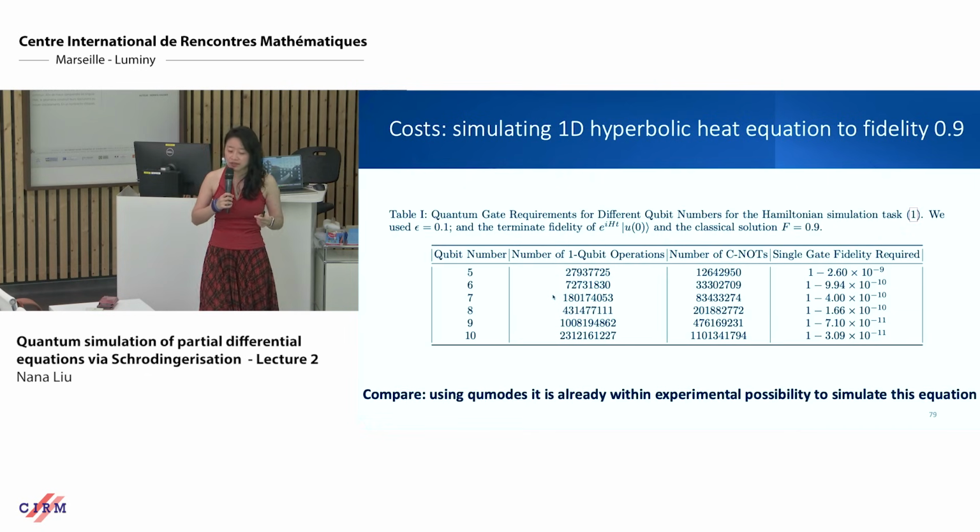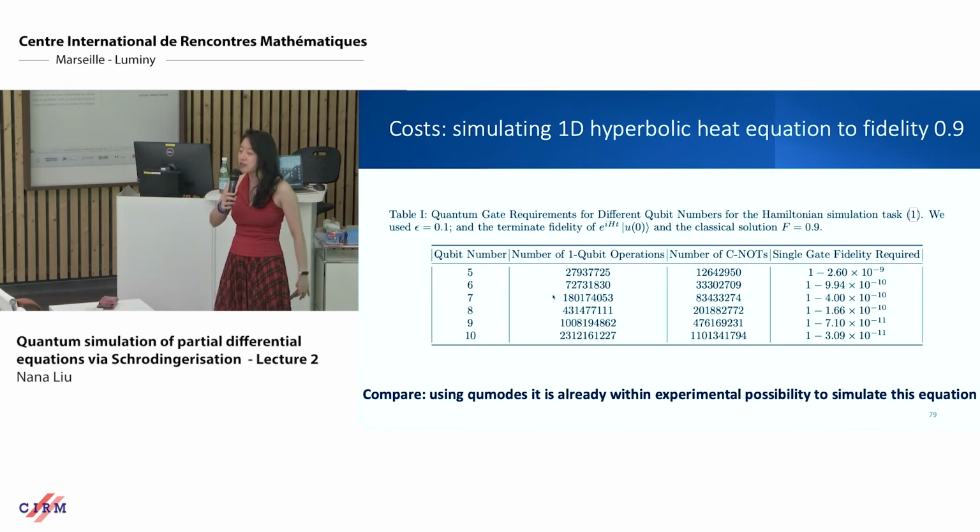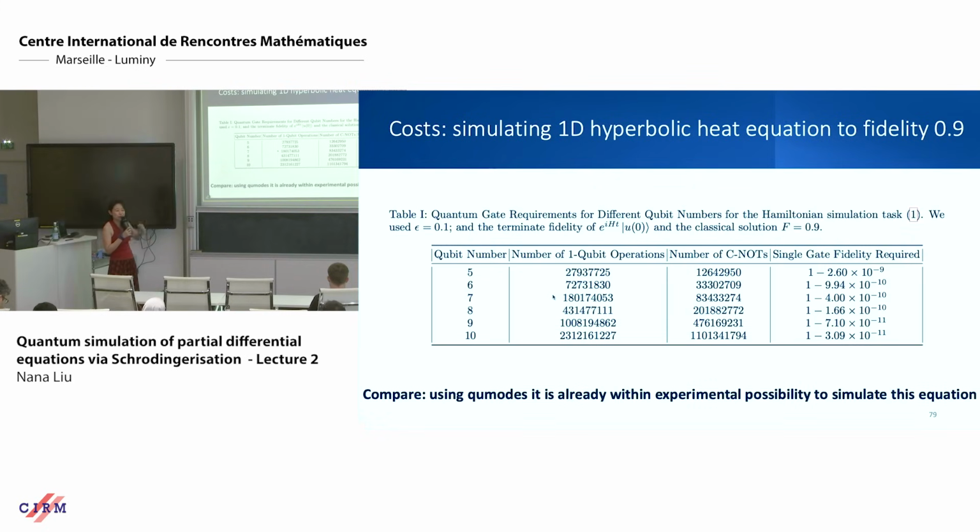When people make these devices, say on 2D chips, depending on how they make them, sometimes geometrically it's just not possible to connect a system here with a system there. So it's difficult to do a CNOT between this system and that system, and then you have to do more operations. Here, we don't make any assumptions about the geometry, so we can assume any connectivity. In that sense, this is a good estimate.